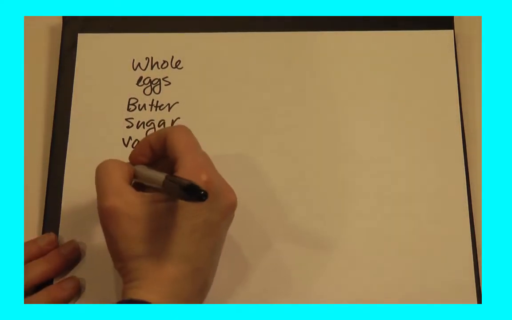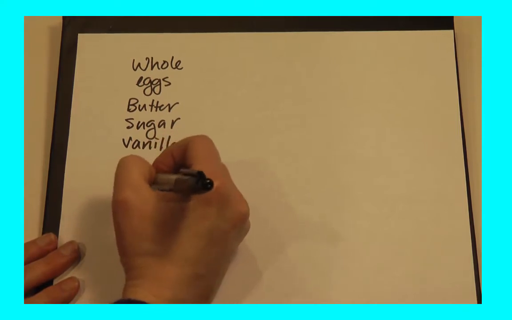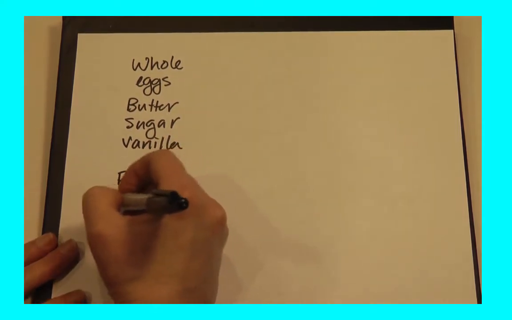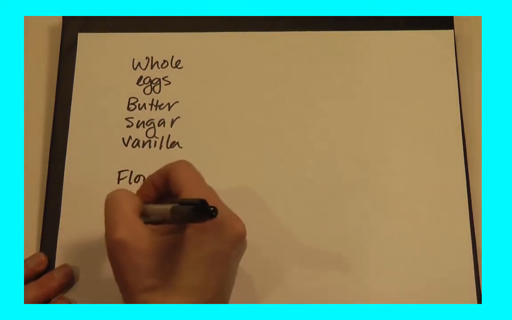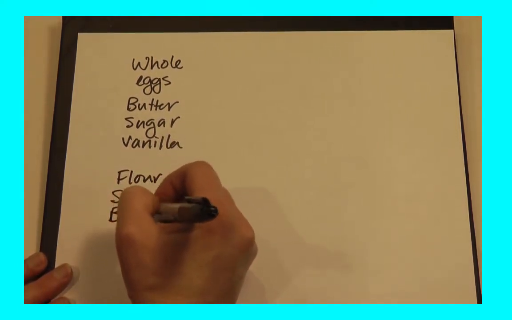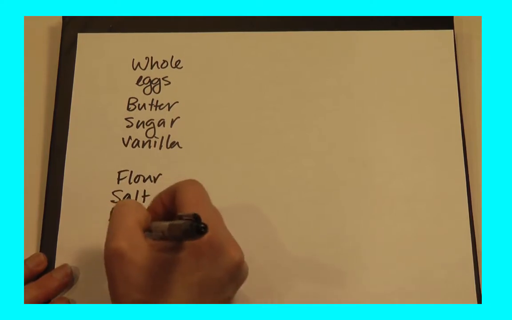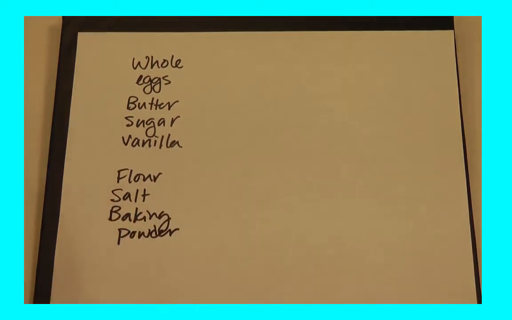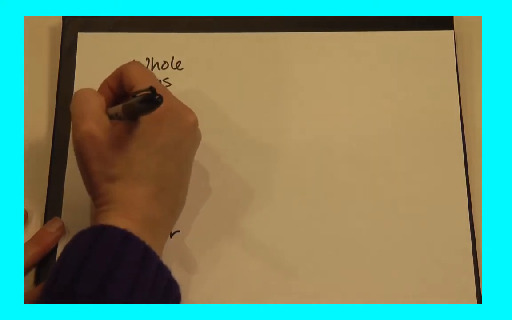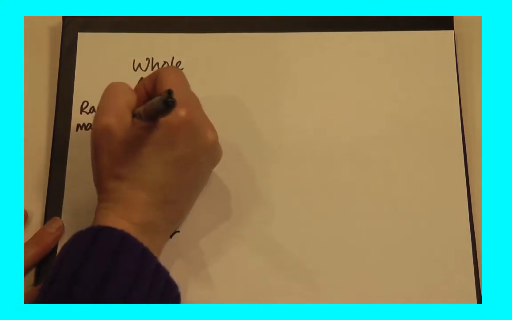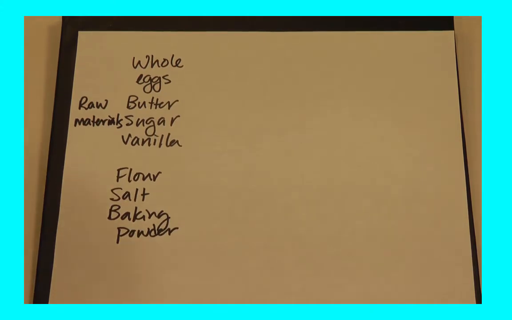I also may need to use flour, salt, and maybe something like baking powder for leavening. All of these things we call raw materials. Because they haven't gone through our process yet.